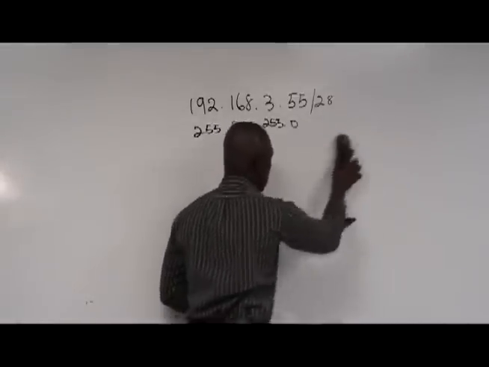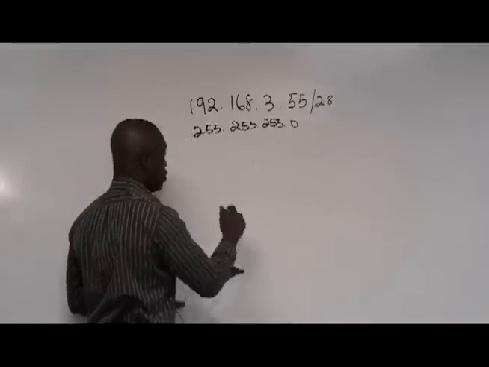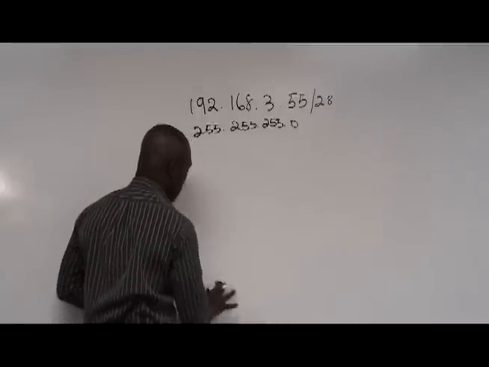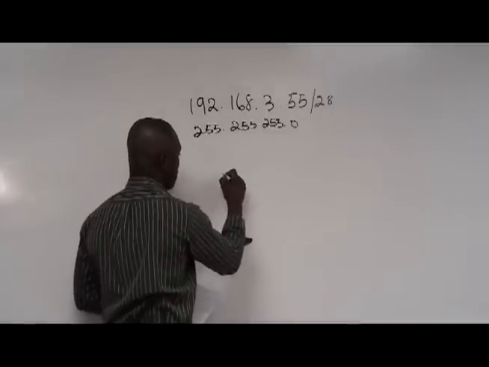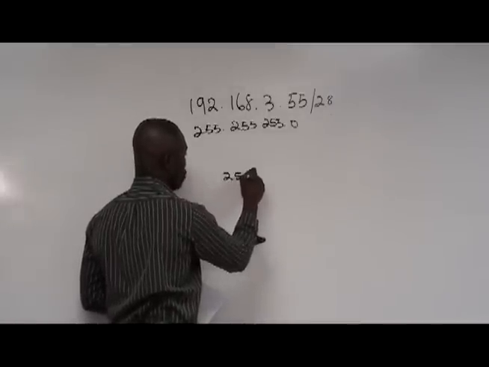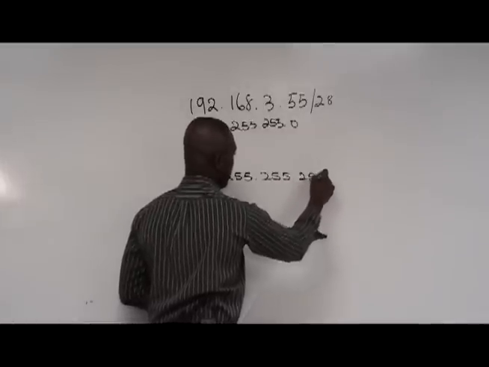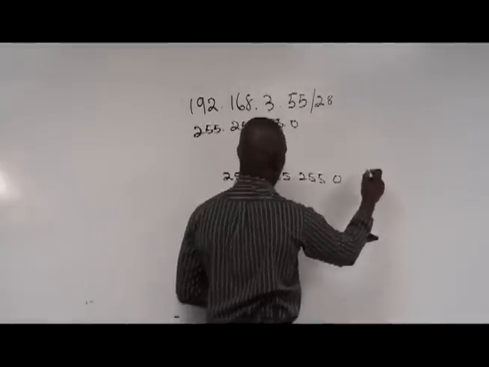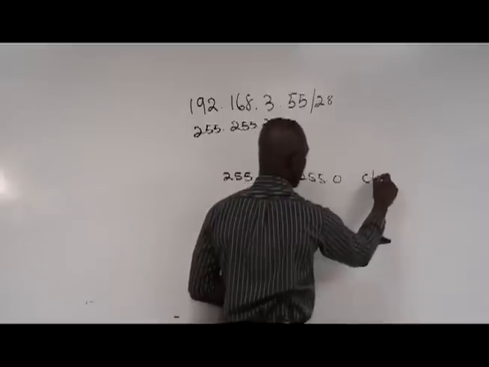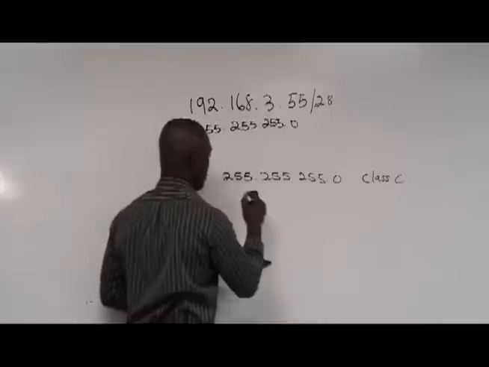All right, and I'm going to write up something here for you all, showing you what the classful addresses are. So basically, class C will be 255.255.255.0, which gives us a class C address.